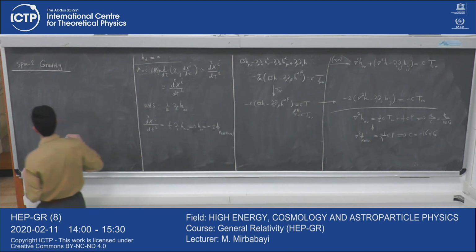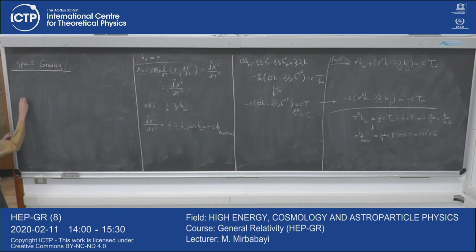For instance, if you have a scalar field and the equation of motion for the scalar field is box minus m squared times phi is equal to 0, then writing an action that gives this equation is very easy.